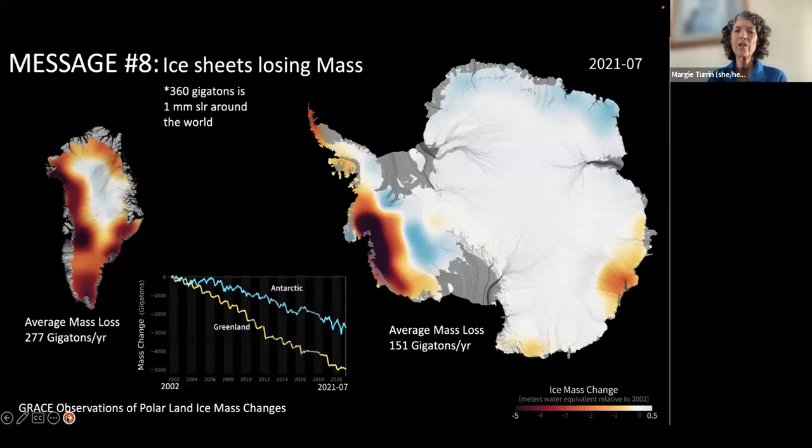And I think it's interesting to look at the mass loss image from Greenland and Antarctica and see that in Greenland it's really pretty much distributed around the entire landmass. So you'll see there are very few areas where we're not seeing a big loss.